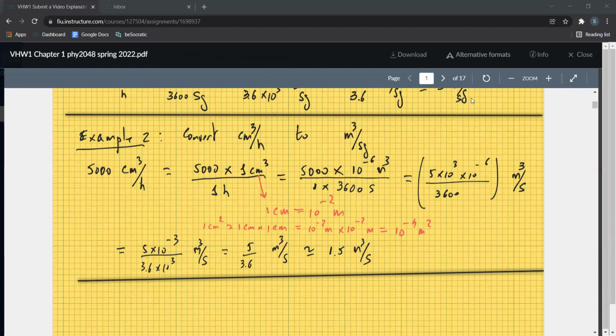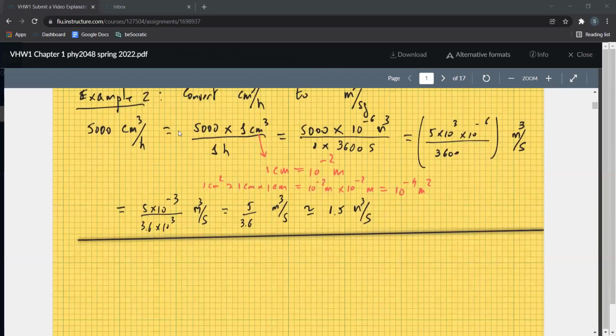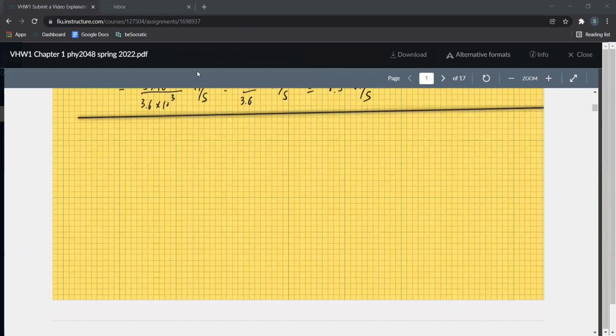So let's get started. Let me scroll to the bottom of the page so I have the most room to work with my drawing tool, and we'll start. This will be example 3.